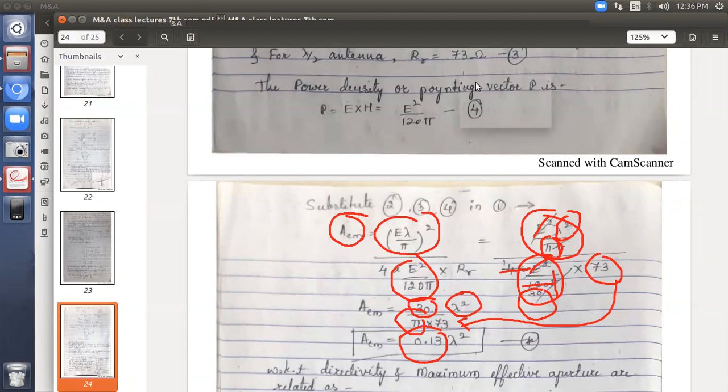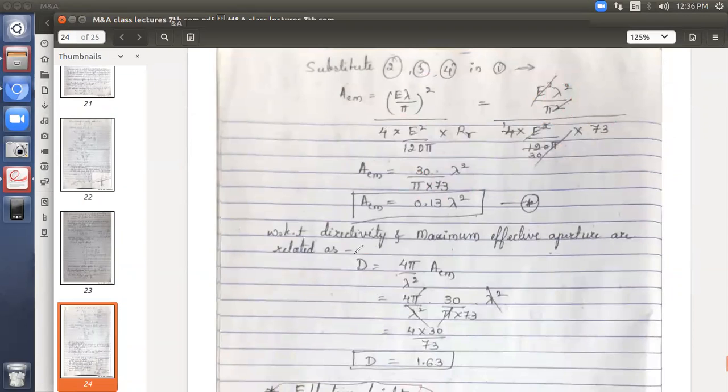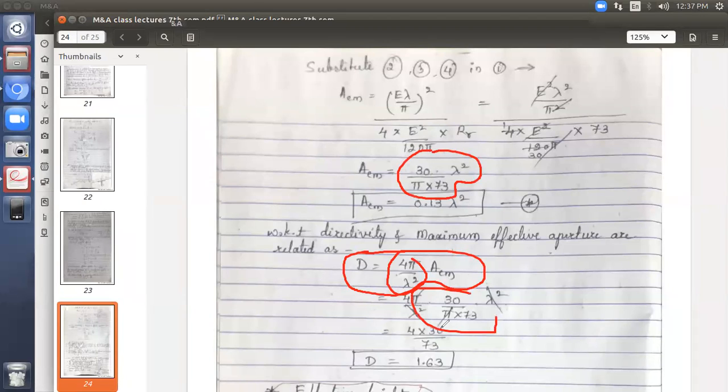We got both the values, and once we have got AEM, it is easy to find directivity because we have already derived this relationship, directivity and AEM. Directivity is given by 4 pi by lambda square into AEM. AEM, I will just take one step above, easy for calculations. I will just substitute that.